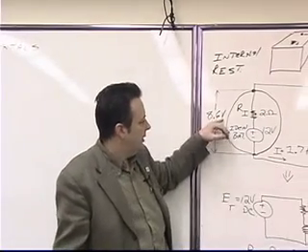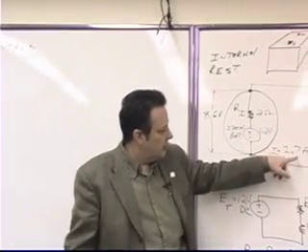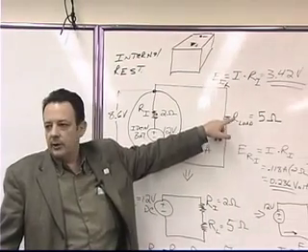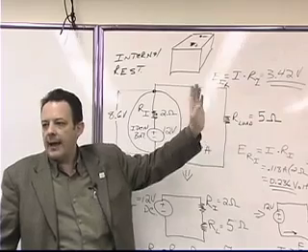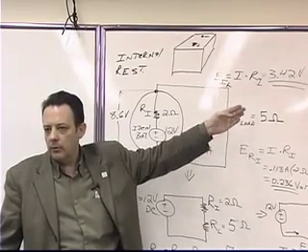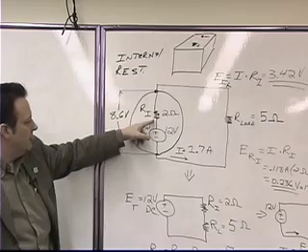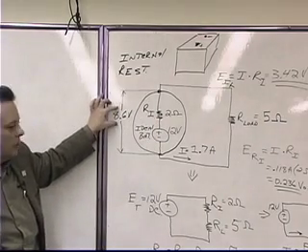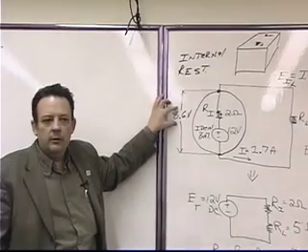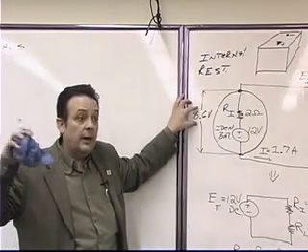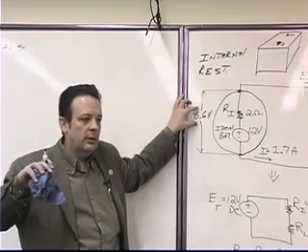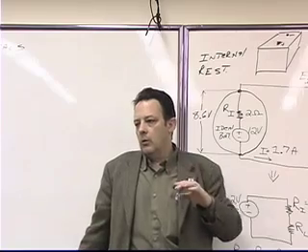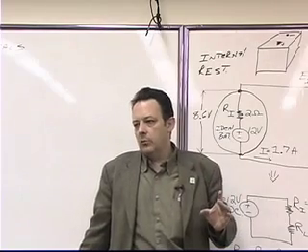Because as you can see, as the current gets bigger and bigger, because our load resistance is getting smaller and smaller as we add more hair dryers or add more load, then our voltage drop across our internal resistor is going to cause our usable voltage to do what? Go down. It's going to go down. And it can go down to the point that it's so low that it can't run our loads anymore.